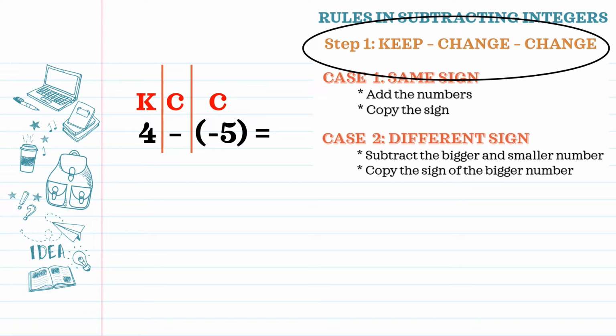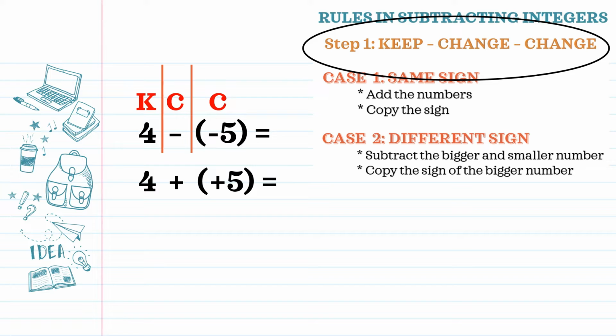Yes, we are going to change the sign of the given second integer. So that means after accomplishing the initial step, we will now have positive 4 plus positive 5.